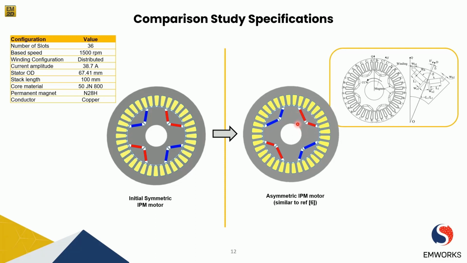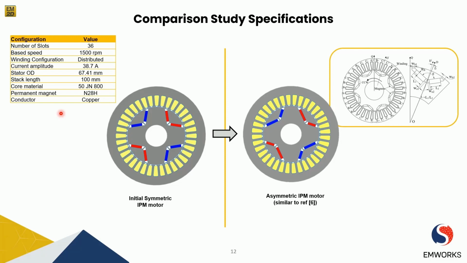So as a result, you can see that we adopted group 4 from the categorization of asymmetric designs, where the permanent magnet configuration and also the rotor core are both asymmetric. And here we also have an initial symmetric IPM machine, which is conventional, and these are the basic specifications that we work with.